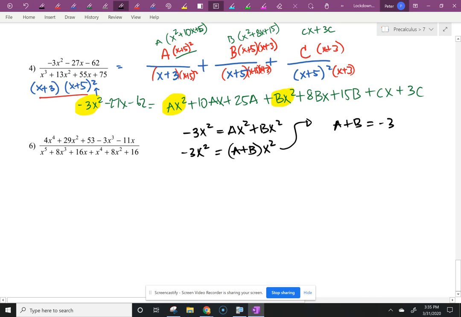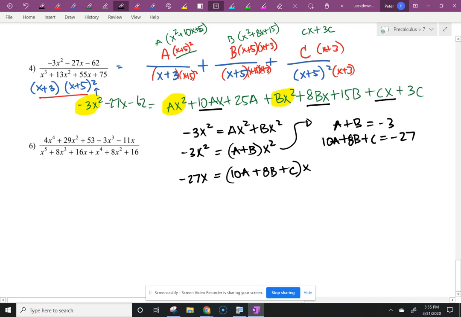And I can do that for each piece. I know that negative 27x has to equal whoever has an x in them. So that would be 10a plus 8b plus c. All of that has an x in it. So 10a plus 8b plus c has to equal negative 27.